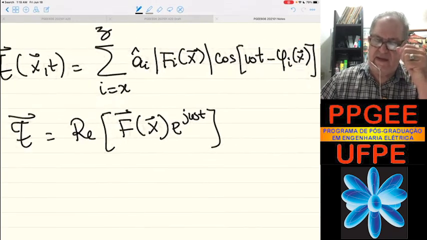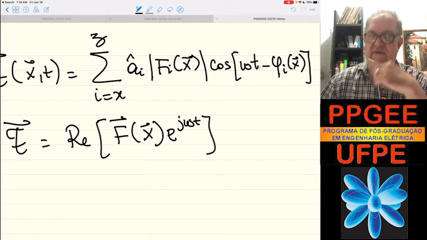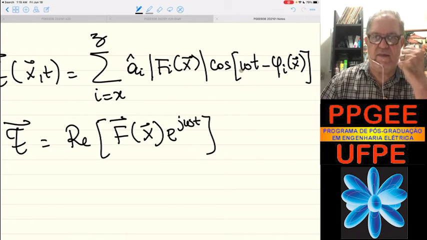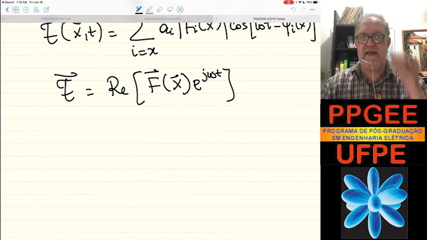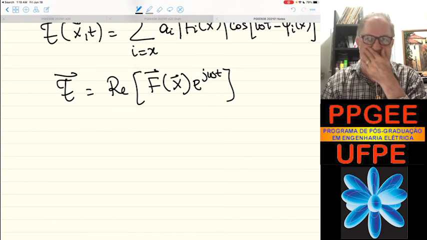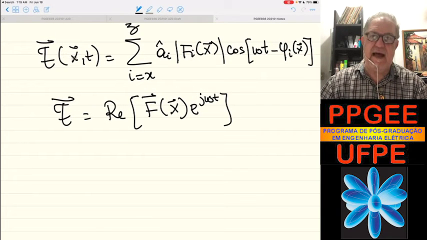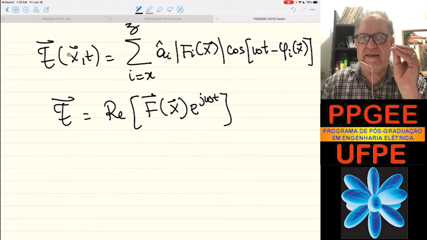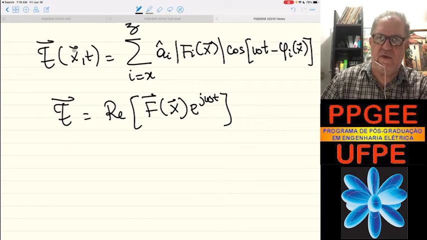That's a field that I know a priori changes in time with a given constant frequency omega. So that's what I have to say for you to understand what a complex vector gives in time. So never write a complex vector in the physical world.